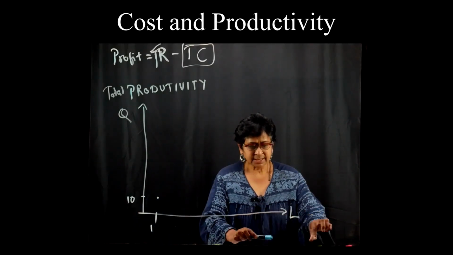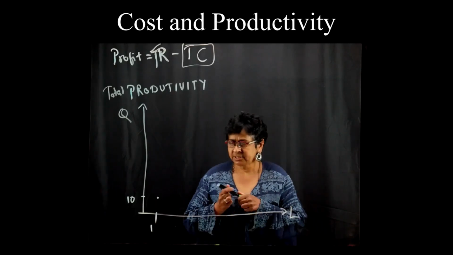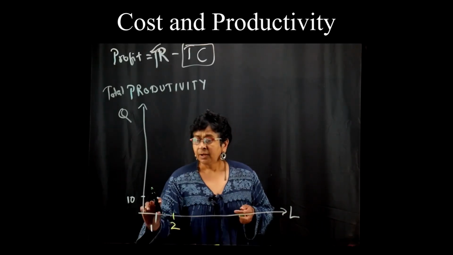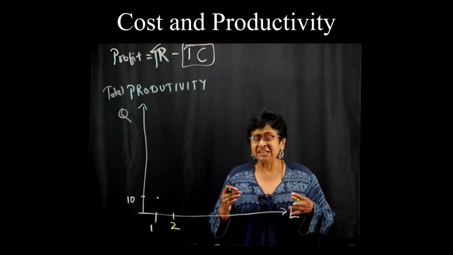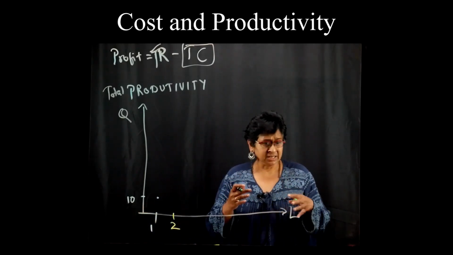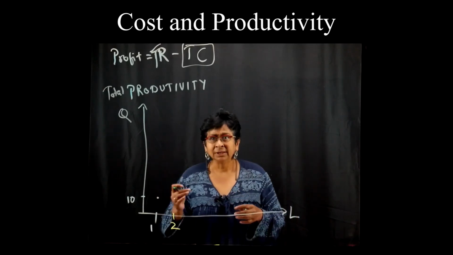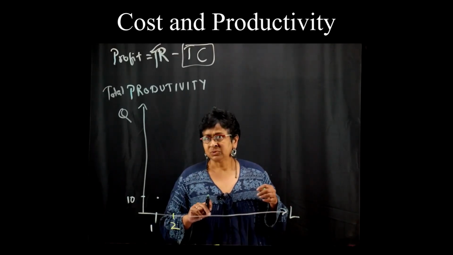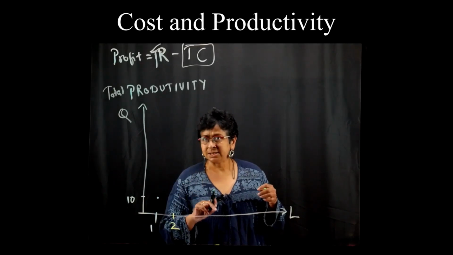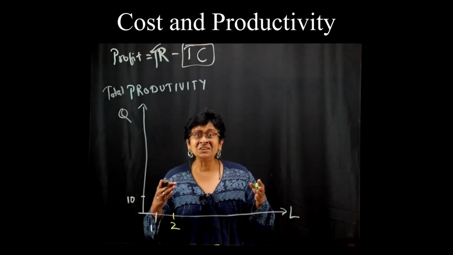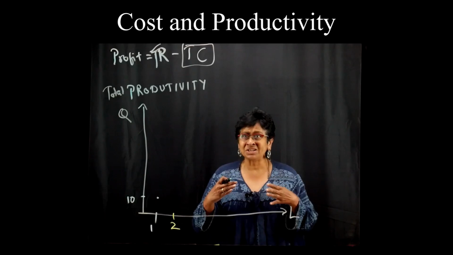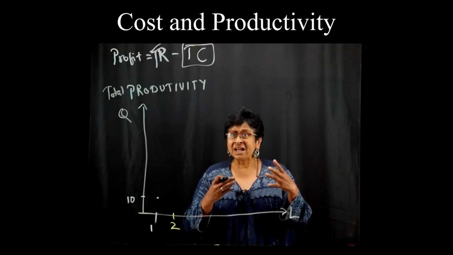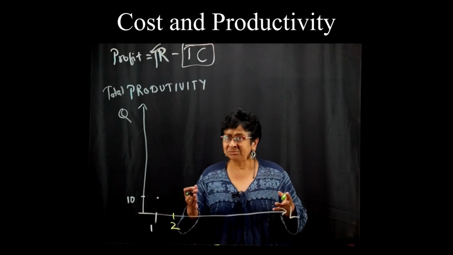Now, let's say that I'm going to increase this. I've got 2 workers here, that's 2. What happens is initially, when I start expanding production, because that's what I'm doing, the second worker won't just give me 10 more sandwiches. So it's not just going to go from 10 to 20. I might be able to increase productivity, that is the output I'm getting per worker, because now they might have some division of labor.